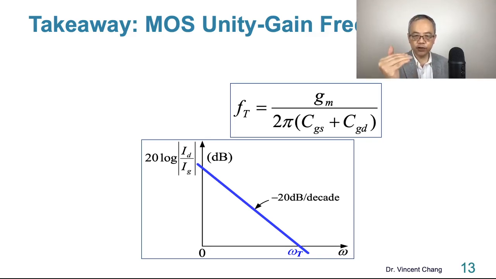But beyond this frequency is the limit. Why is it the limit? Because it's below 0 decibel. It becomes negative decibel. What's the meaning of negative decibel? Loss. So below this frequency is the amplifier, but above this frequency is a loss, all right?